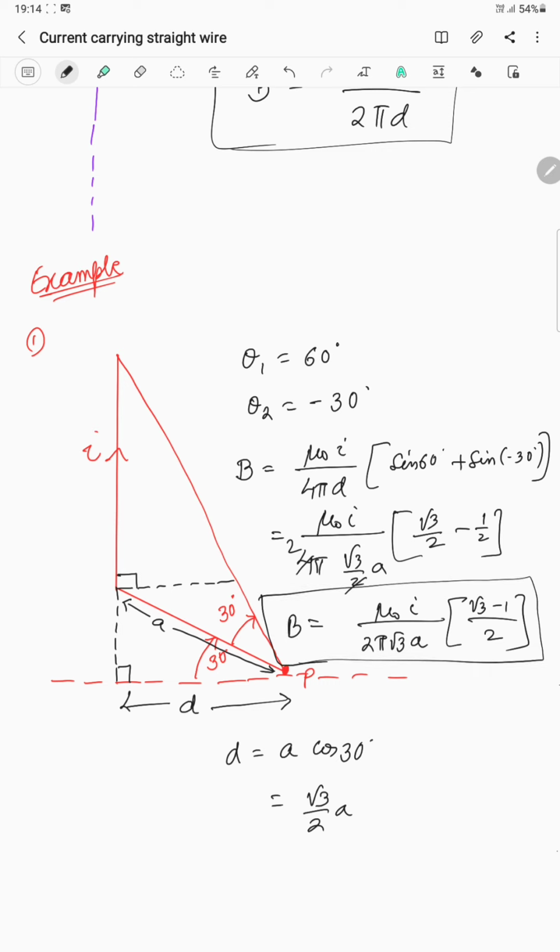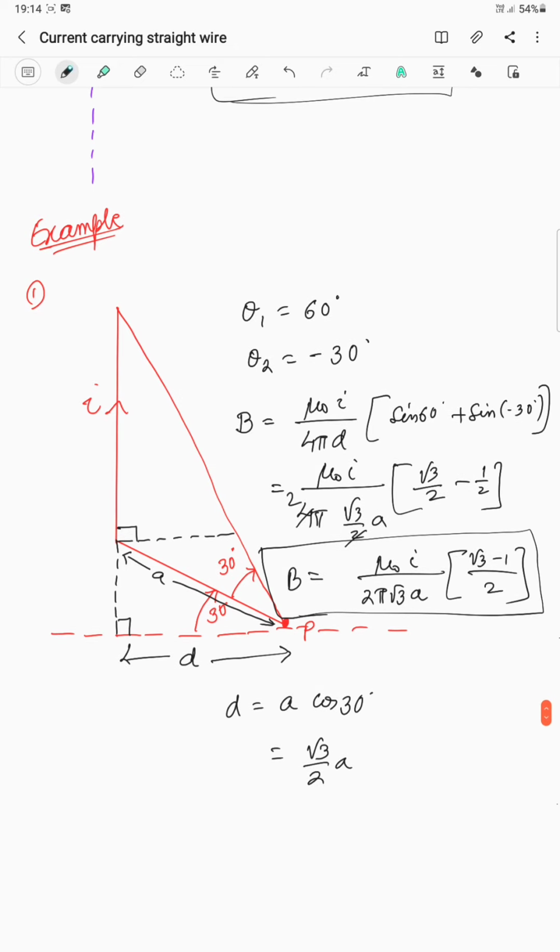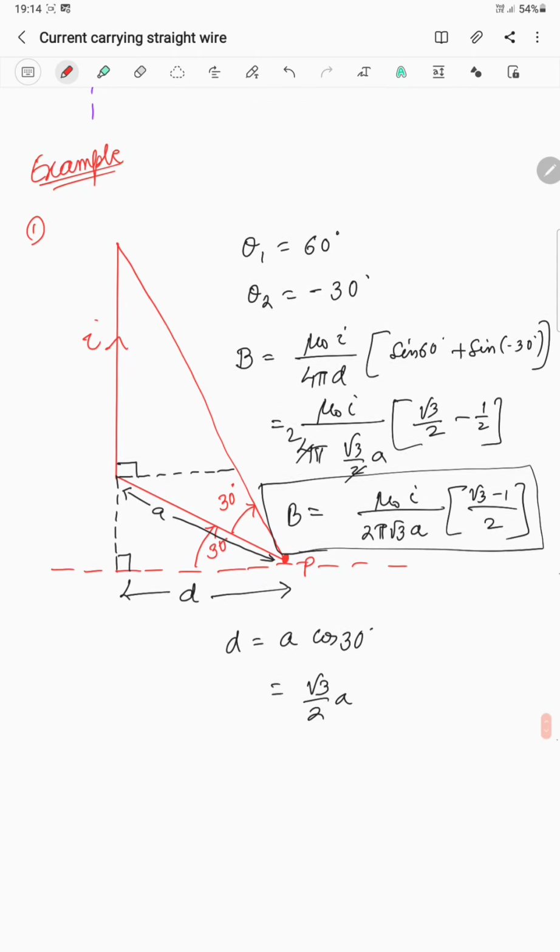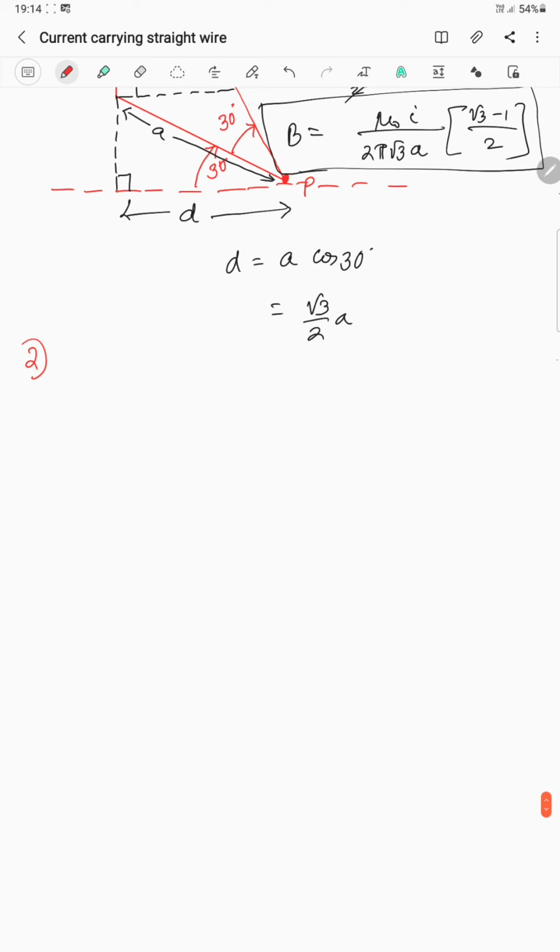It is a very important, typical question which comes many times in the exam. Let me do another example. In the second example, the wire is taken in this form. Then we have a perpendicular line. At point P here, you have to find the magnetic field.